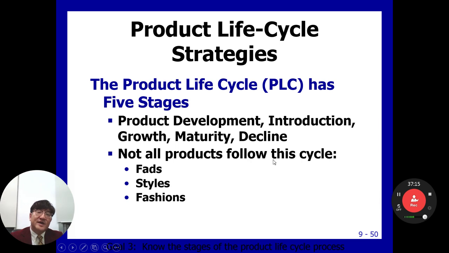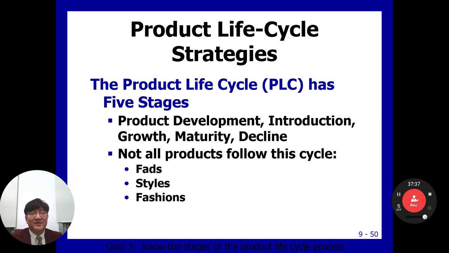All right. So let's talk about the cycles in detail. We have different stages in here, but not all products follow the same shape of the cycle. The fad quickly goes up and quickly declines. Okay, a fad is like quick fashion. Style is like come and go, right?